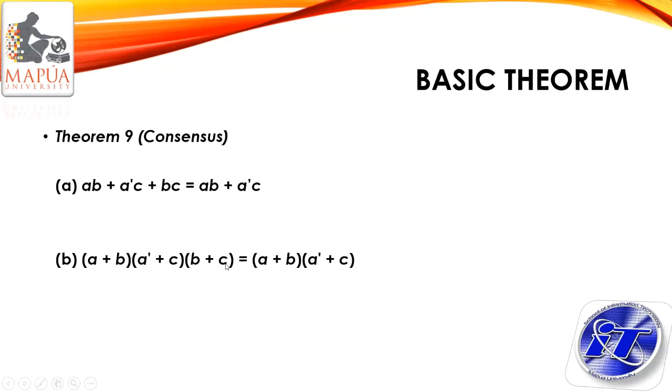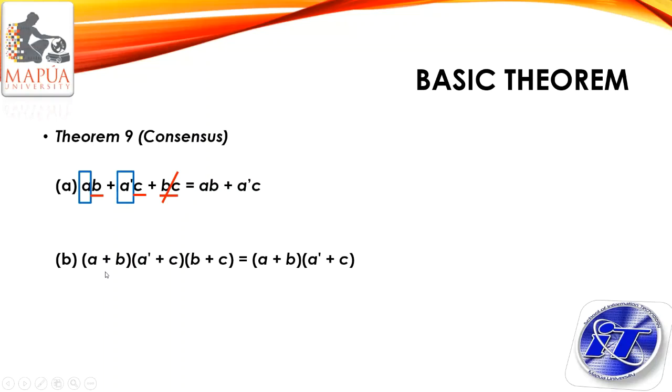So how could we determine if theorem number 9 can be implemented? First step, locate a complemented variable between two terms, and then inspect the variables added to it, which are B, C. And if another term contains them under AND operation, that term could be removed to get the simplified equation.